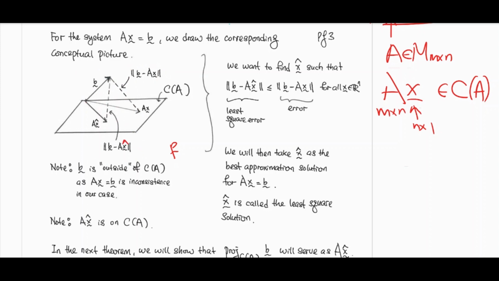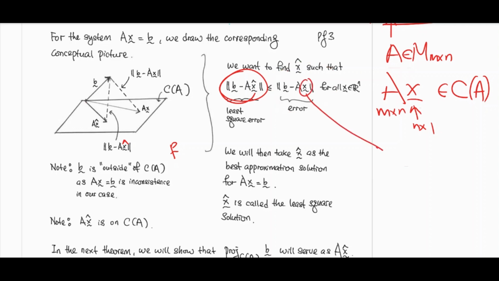We will prove stuff. Now, before we do anything, let's just be very clear. What we have seen, and we will show you the proof in a minute in these notes actually, is that this quantity right here is the smallest among all the b minus ax. Now this is a varying quantity.